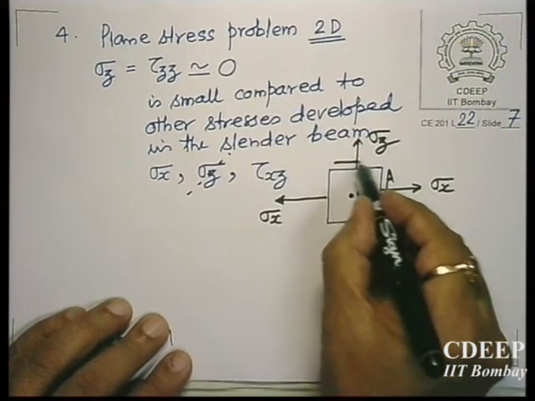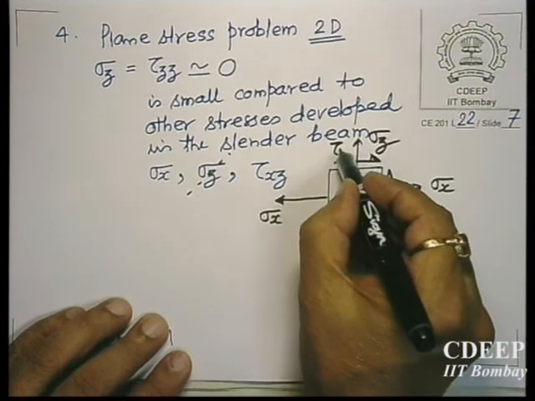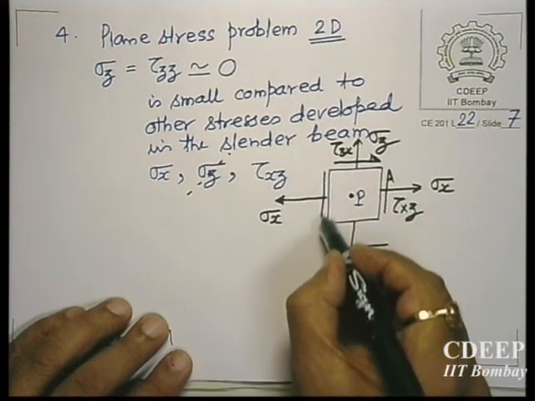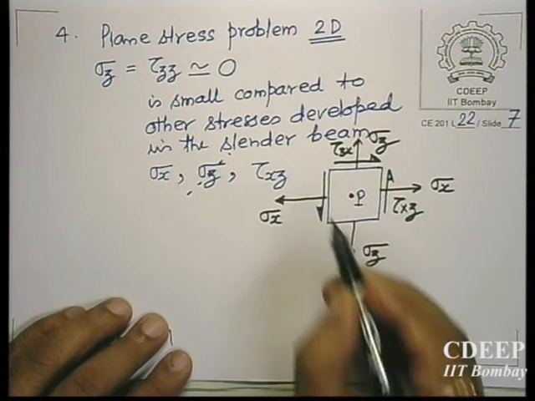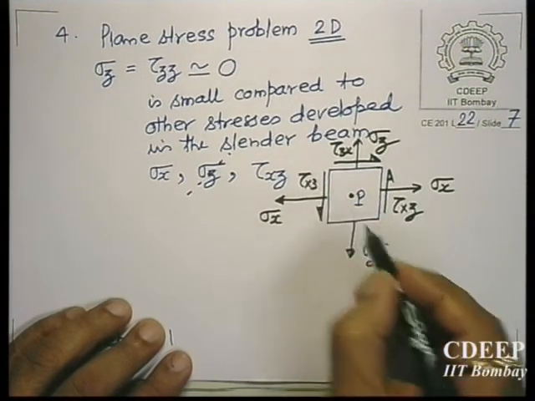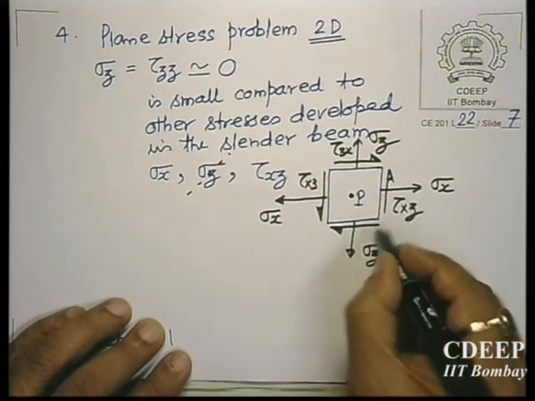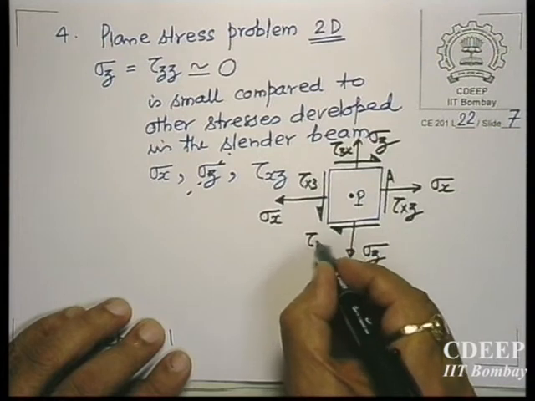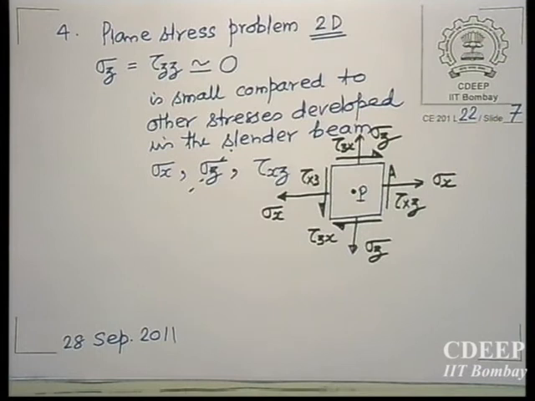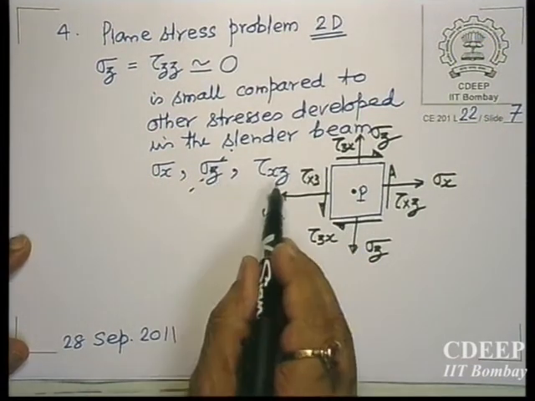On this face you will have the complementary shear stress tau zx. On this face, the negative face, you will have the shear stress tau xz, and similarly on this face the complementary shear stress tau zx. So in general you have these three: sigma x, sigma z and tau xz.